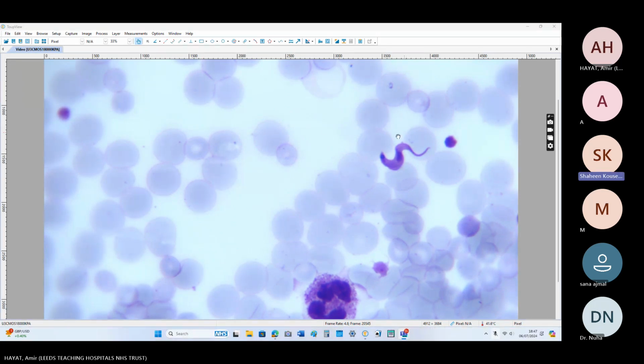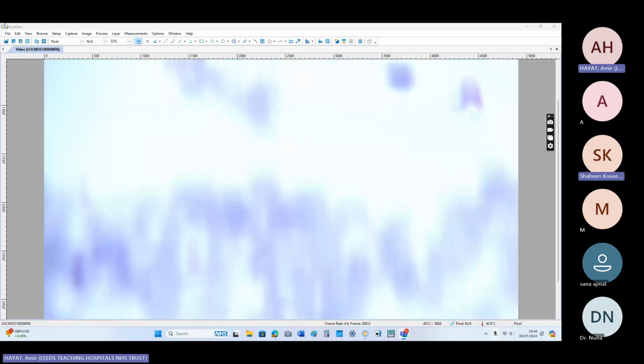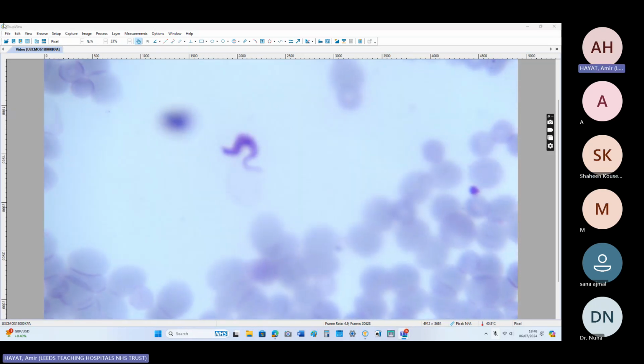Hamid, would you move the slide towards those abnormally curled up parasites? Sometimes parasites are curled. This film has a lot of Trypanosoma, and this is a bit curved.